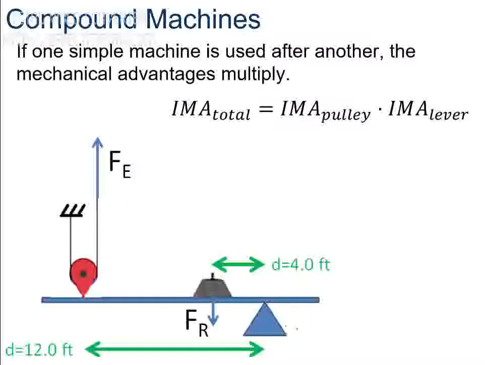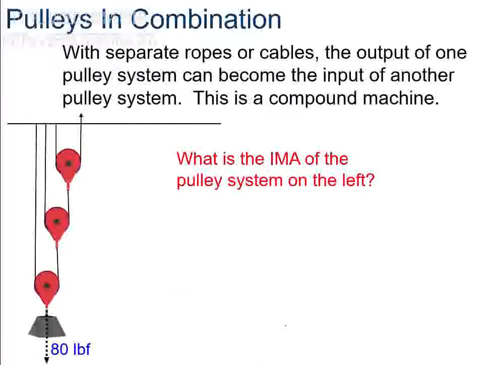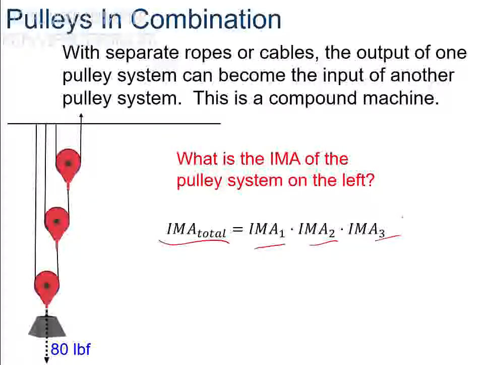And we have another compound machine, a compound combination of pulleys. For such a combination, the ropes and cables out of one pulley can become the input for another. Therefore, this is a compound machine. And since there are 3, the total ideal mechanical advantage is the product of the ideal mechanical advantage of each pulley.